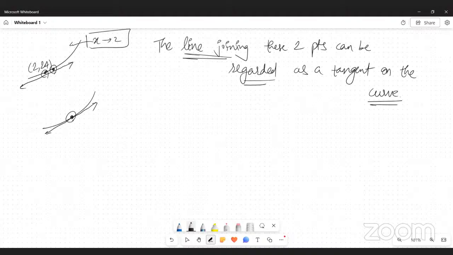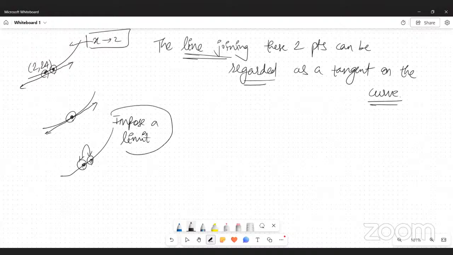So what I'm saying is, I take 2 points so close to each other that I impose a limit there. The line crossing through these 2 points can be regarded as a tangent on the curve at that point.